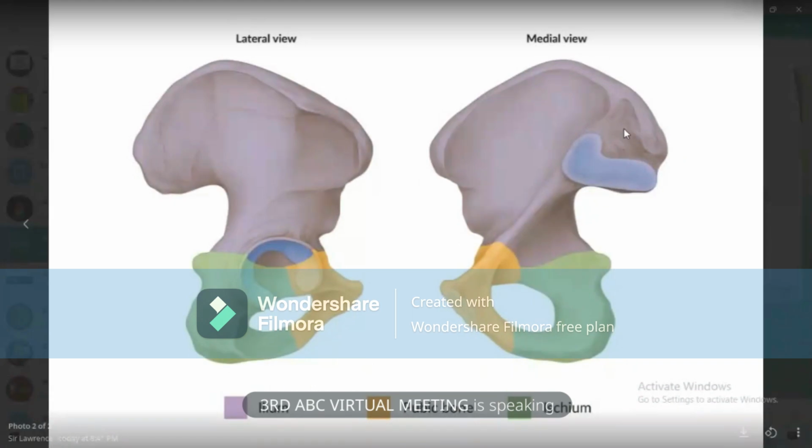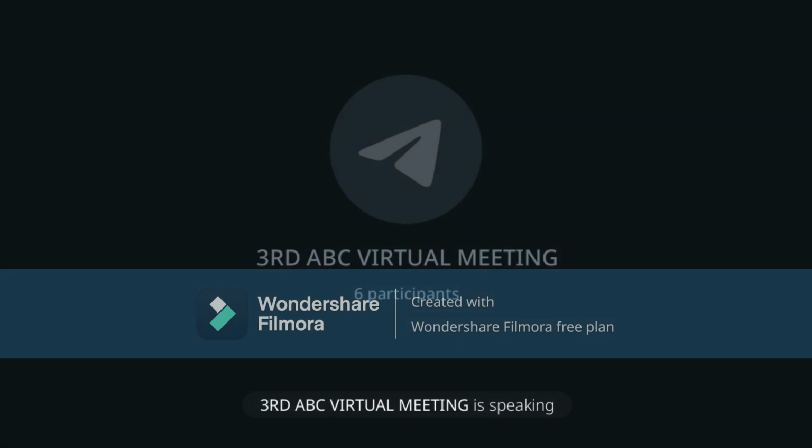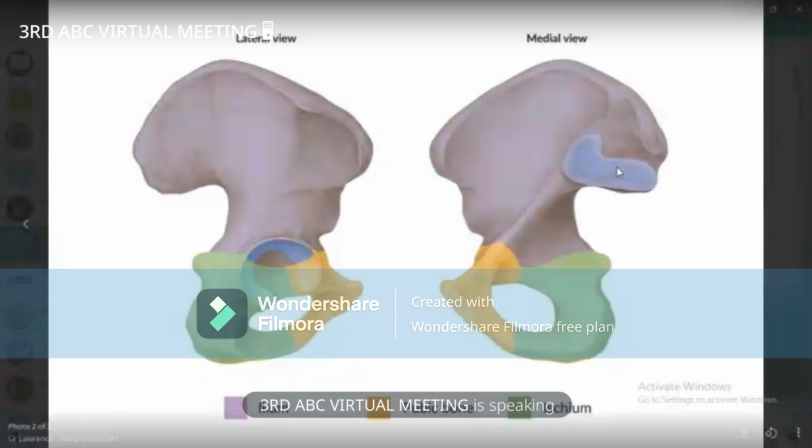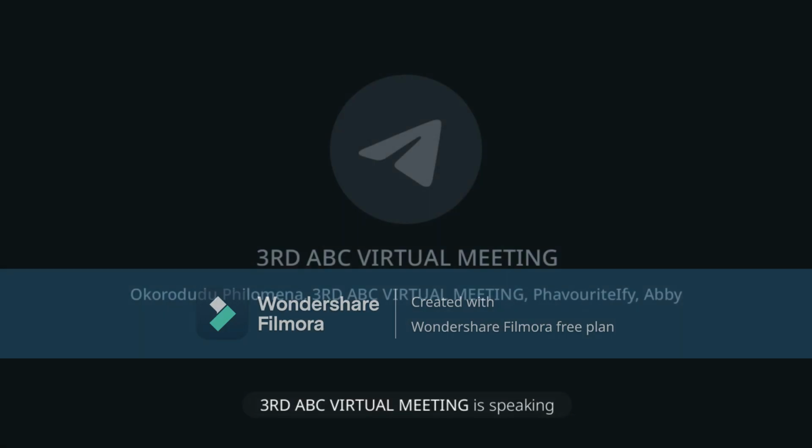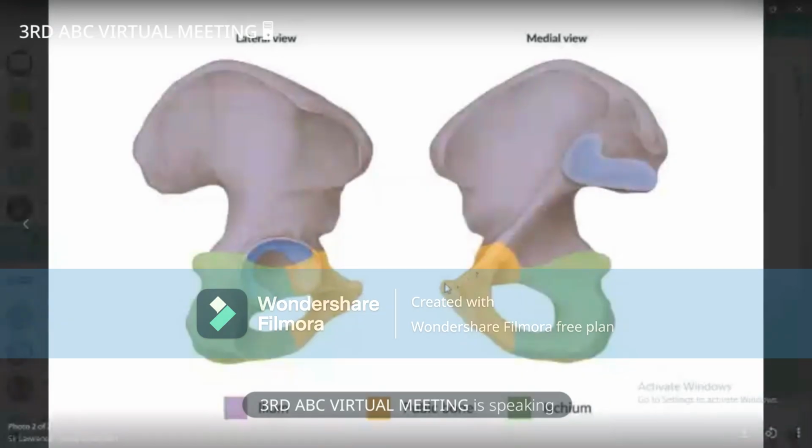These two structures, this iliac tuberosity and this auricular surface, articulate with the sacrum to form the sacroiliac joint. Another thing we need to take note of from this medial view is this very important structure here, called the arcuate line. Because this arcuate line, with another structure here which we are going to talk about soon, forms something called the terminal line. Alright, so we've talked about the ilium right now.